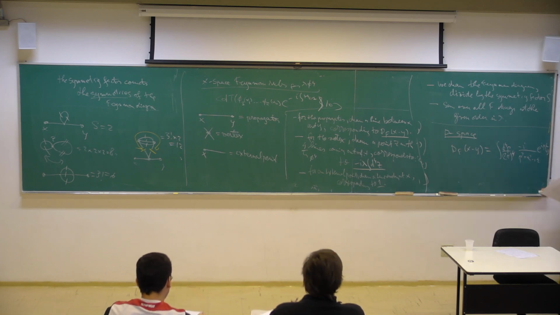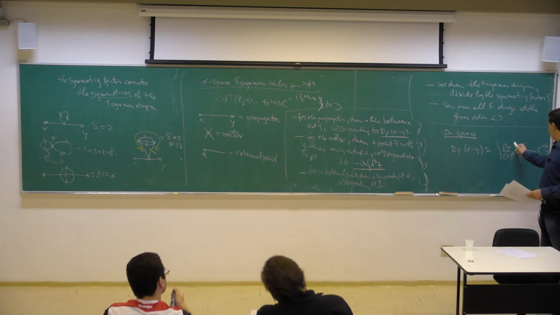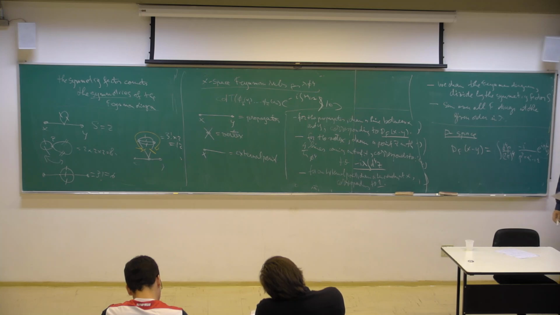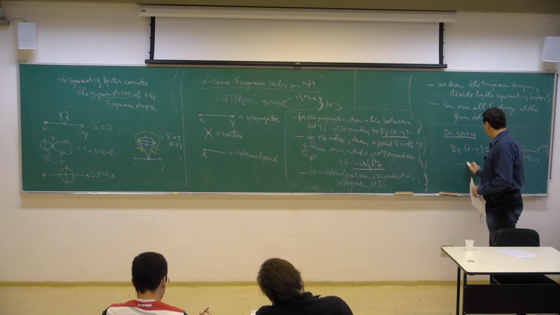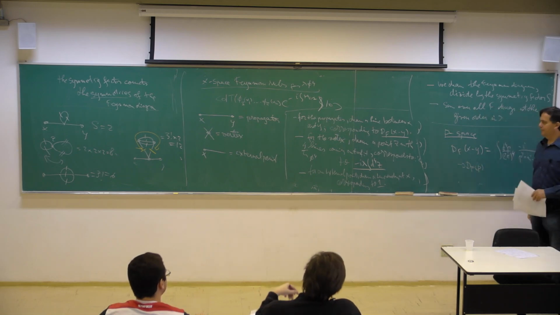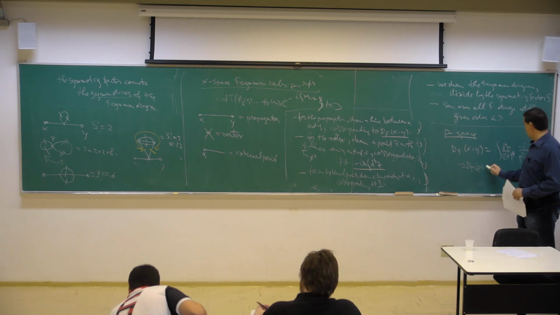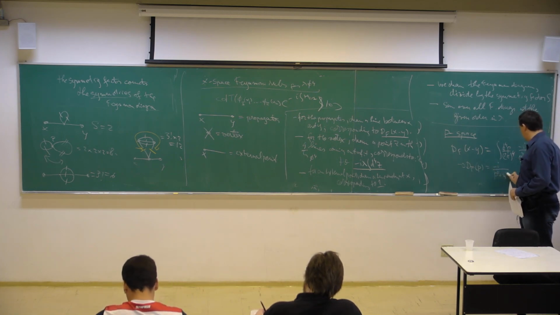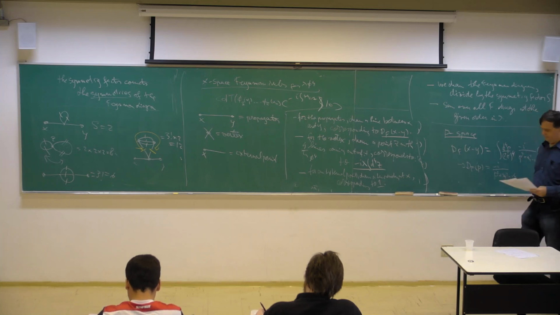We calculated it to be this. So we see that this is just a Fourier transform. So we can immediately write that in momentum space, D_F of p is just minus i over p squared plus m squared minus i epsilon.